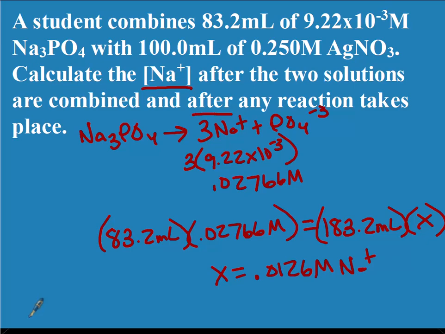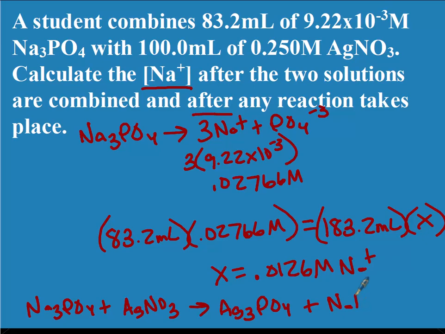So the reaction is sodium phosphate reacts with silver nitrate to produce silver phosphate and sodium nitrate.